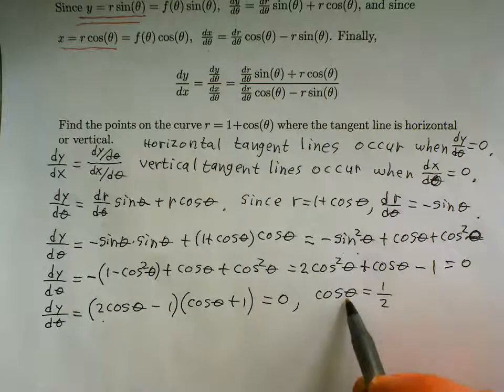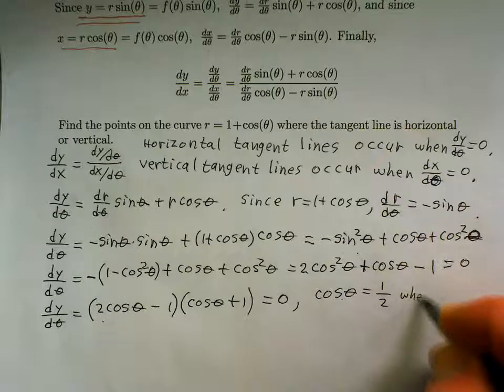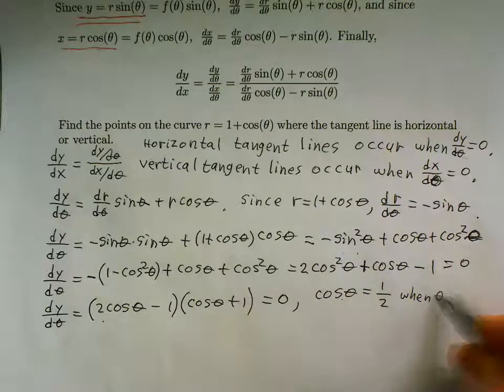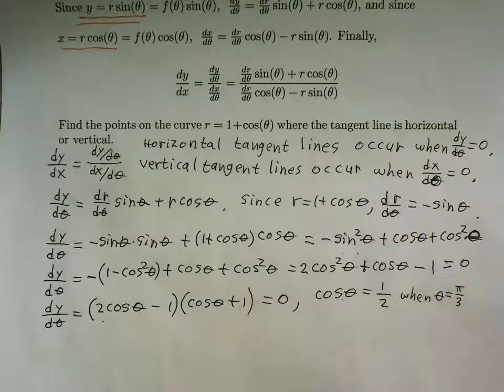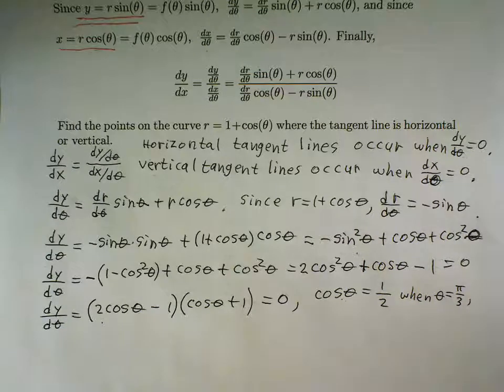And let's see, cosine of theta equals 1/2 when theta is equal to pi over 3. And the other theta value between 0 and 2 pi, where cosine of theta is equal to 1/2, is in the fourth quadrant, 5 pi over 3, right?